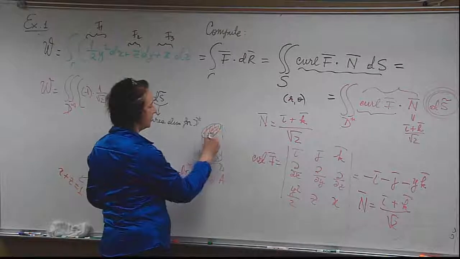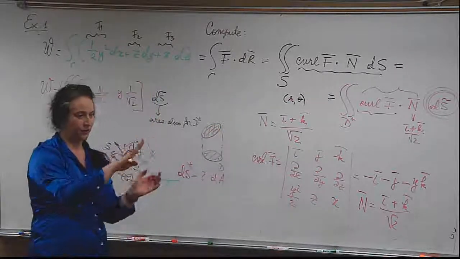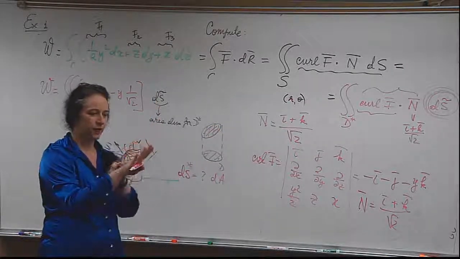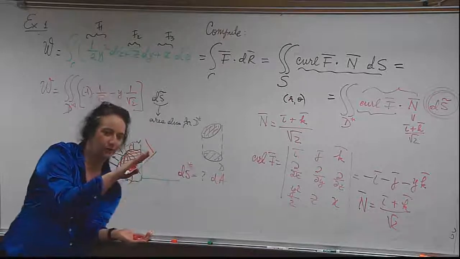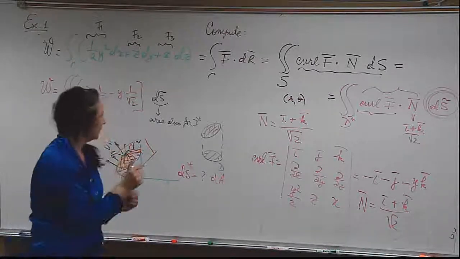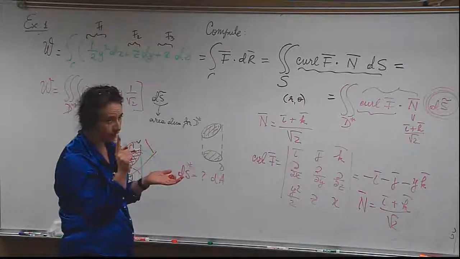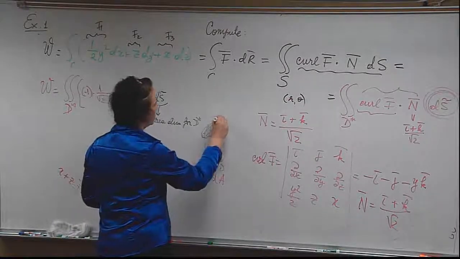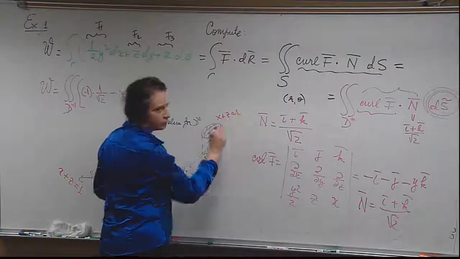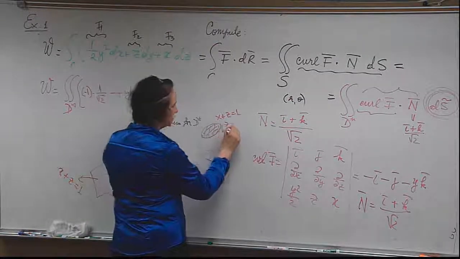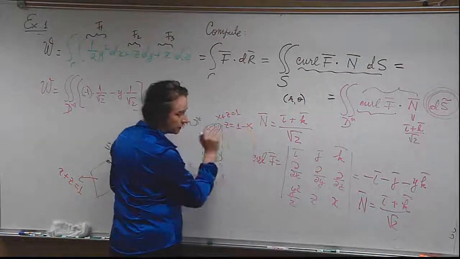What was the equation of this surface up here? This is the ellipse that is projected on the circle. Think of the equation of the plane. So I erased it. Was it x plus z equals 1? So z must be 1 minus x.